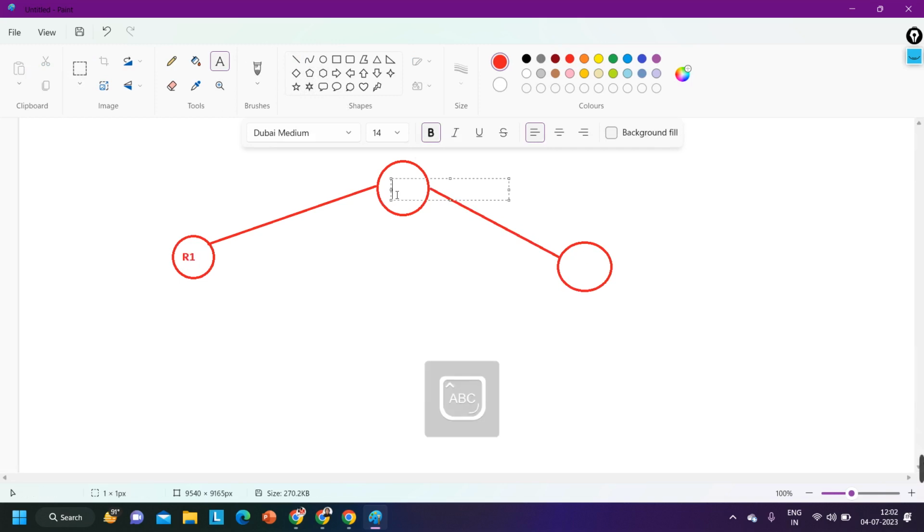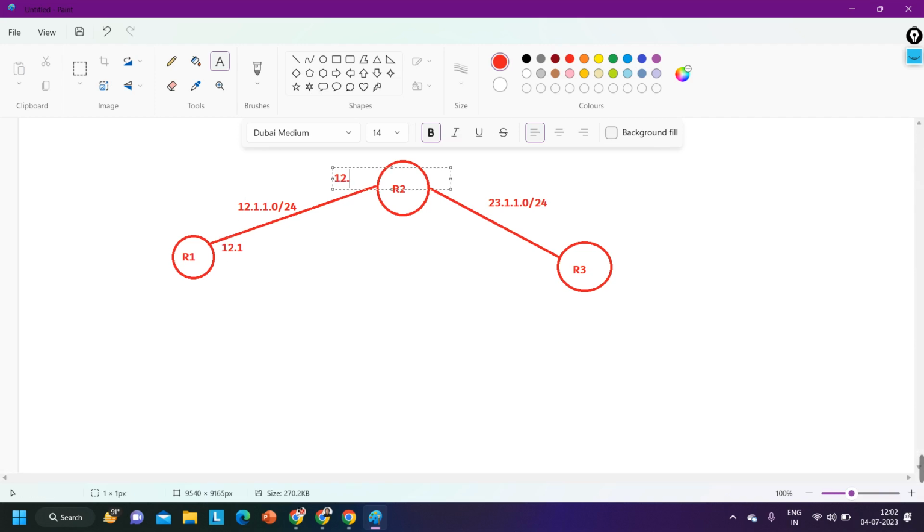Here we are running network 12.1.1.0/24 between router 1 and router 2. Between router 2 and router 3 we are running network 23.1.1.0/24. Let's say the IP address of this interface is 12.1. Here the IP address is 12.2.